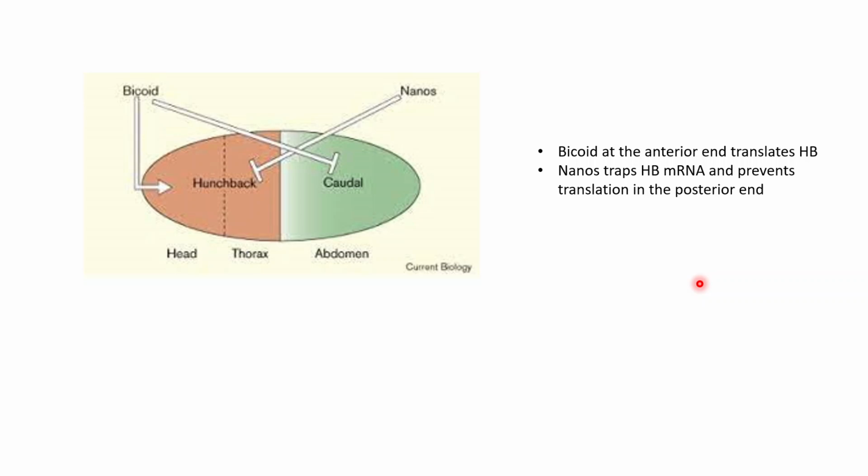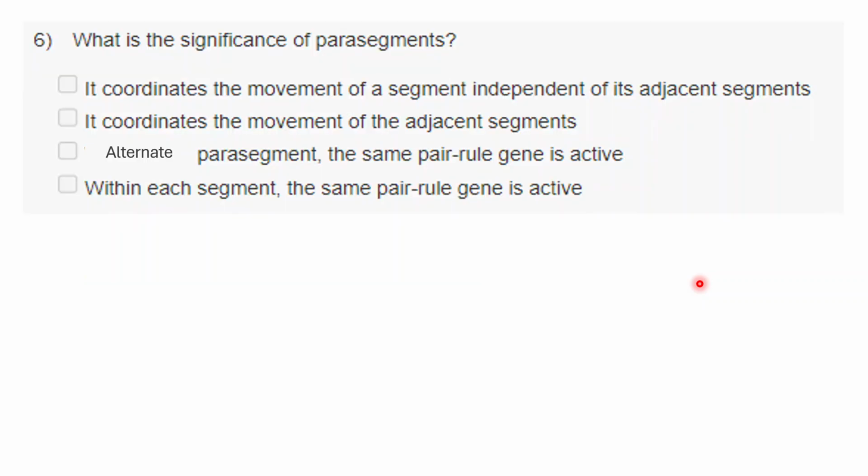Okay, cool. Moving on to the sixth question. What is the significance of parasegments? Statement 1. It coordinates the movement of a segment independent of its adjacent segments. Statement 2.